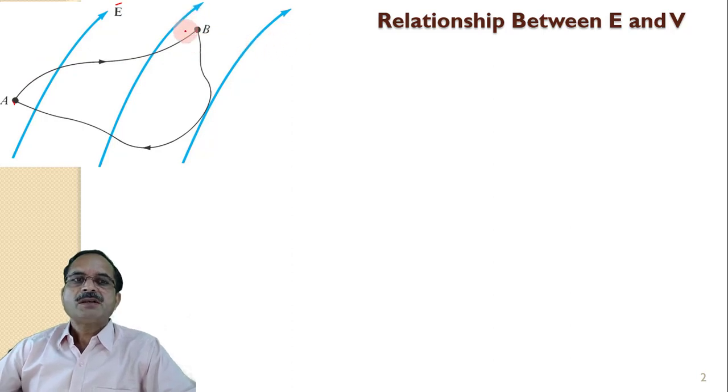In the previous video, we have seen the expression for potential VAB as we move a charge from point A to point B, that is the work done per unit charge.